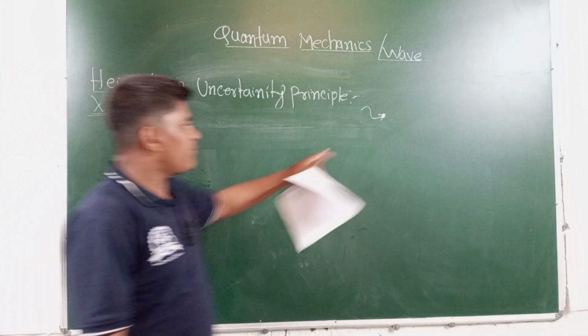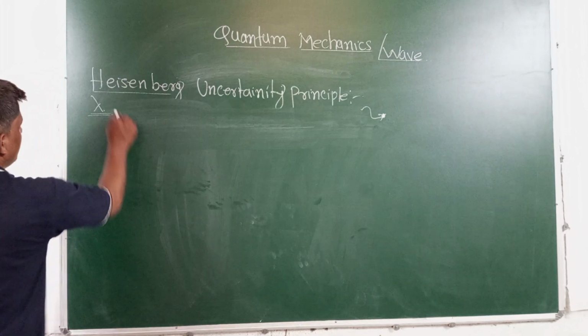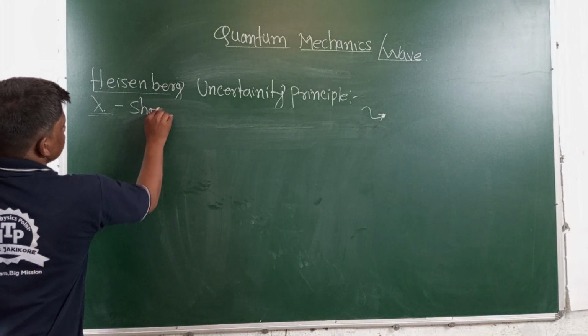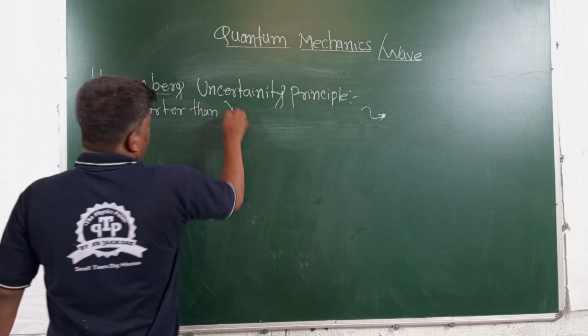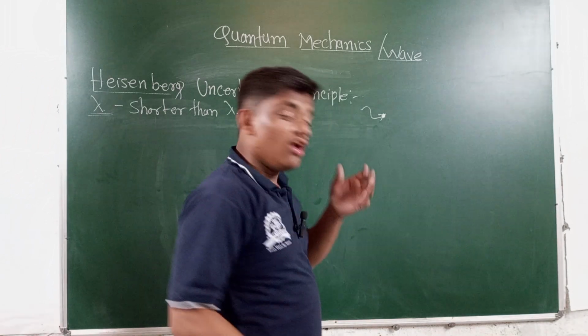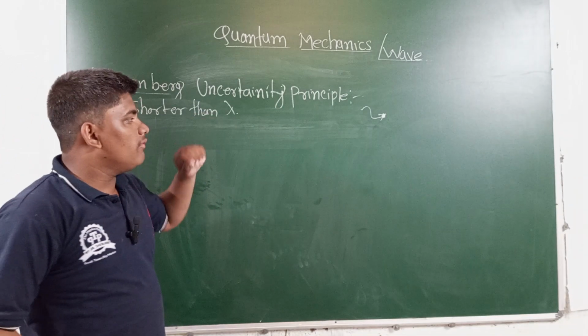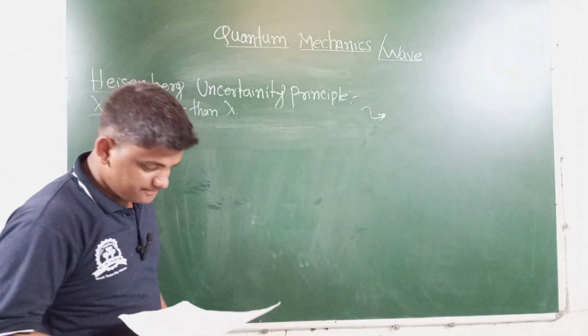Because if the distance between the particles which are at rest, which we take into consideration, and our microscope is shorter than lambda, there is the wavelength of that light which can be applied on that particle because we want to see that particle in the microscope.